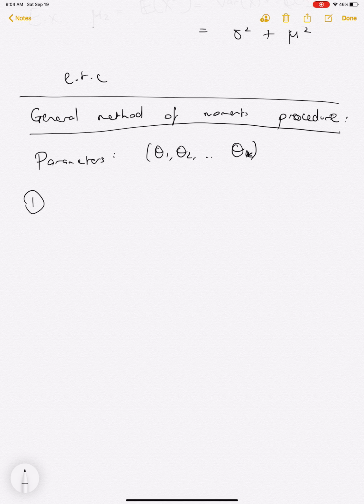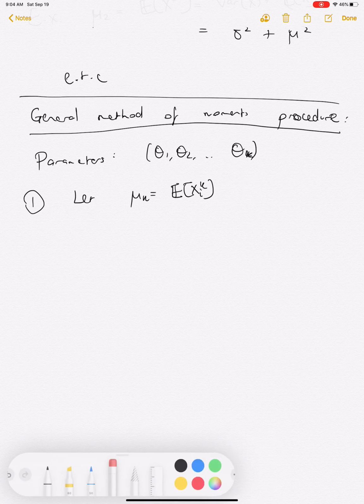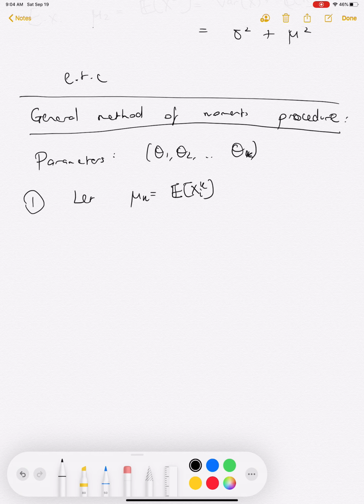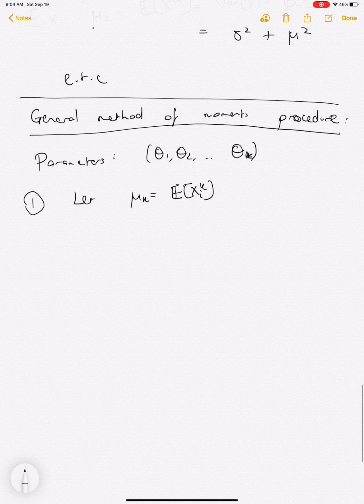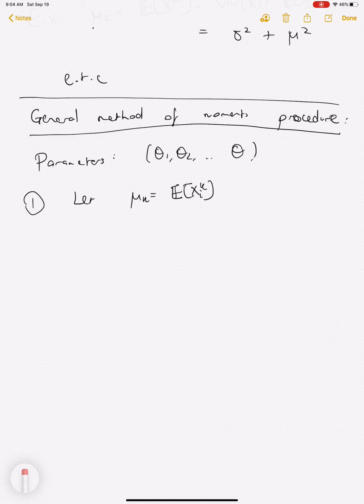So step 1 looks somewhat similar, but now we have k moments. Let me just be clear about this: big K is the total number of parameters, and little k is the subscript.